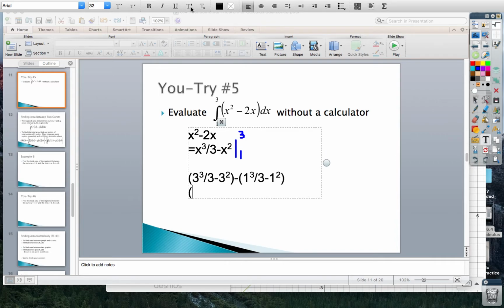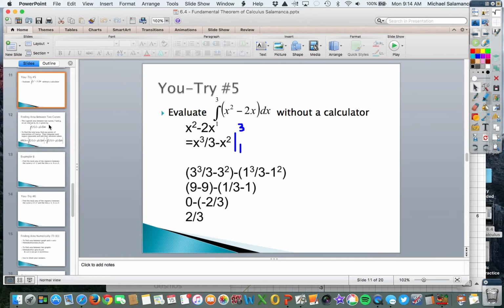This is going to end up giving us 27 divided by 3, which is 9, minus 9, because 3 squared is 9, minus 1/3 minus 1. That's going to end up giving us 0 minus negative 2/3, which is just equal to positive 2/3, and that would be your answer.